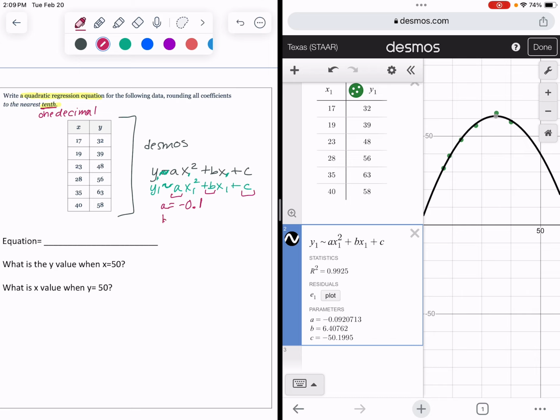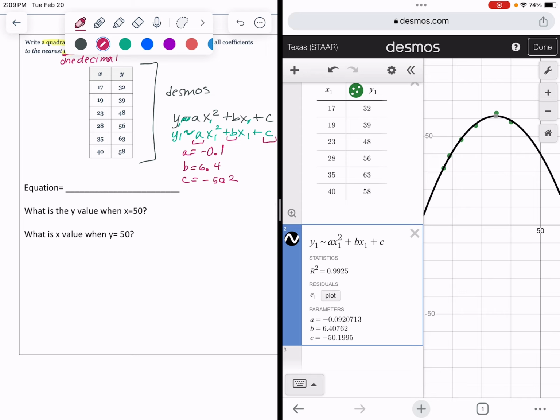So our b value is 6.4. And then our c value is negative 50.19, but that would round up to 2. And so when we write the equation, it would be negative 0.1x squared plus 6.4x minus 50.2.